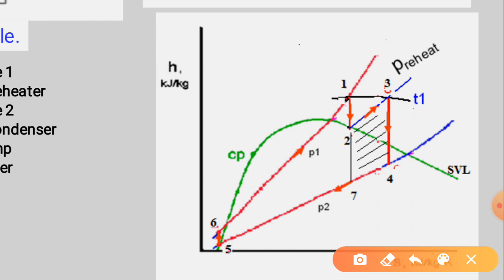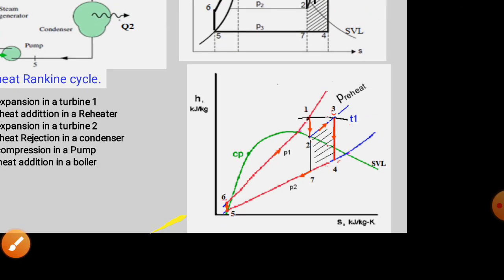So 3 to 4 is isentropic expansion, hence a vertical line, and from 4 it undergoes condensation at condenser pressure P3. Then it reaches state 5, that is the saturated liquid state. So 5 to 6 is the pumping process. Then 6 to 1 is again heat addition inside the boiler. So this is how the cycle repeats. So this is about the enthalpy entropy diagram.